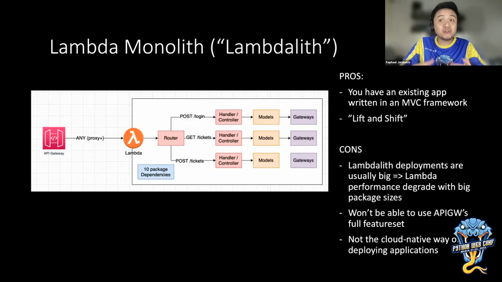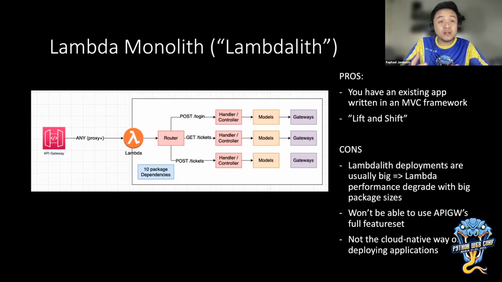The pros of this, of course, is it allows you to lift and shift your MVC applications to Lambda with minimal effort. Of course, the cons of this is that your MVC application is probably not made to be cloud native, so it's usually large in deployment. This means that the performance of Lambda will degrade.